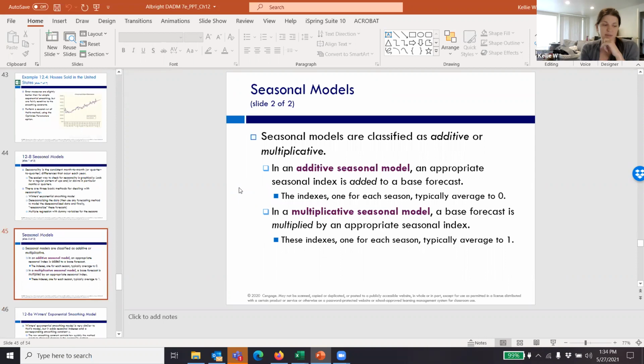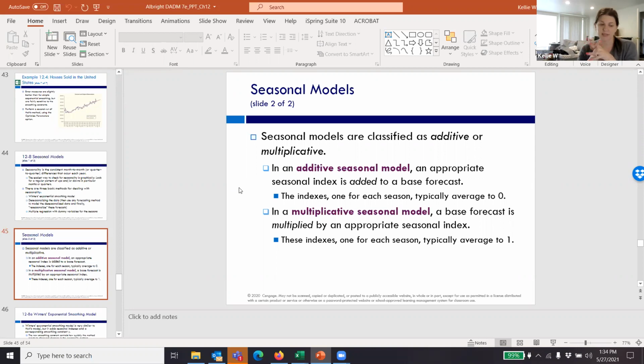An additive seasonal model is where we use a seasonal index and we just add it to the base forecast. So the indexes would typically average to 0. We might plus up in the spring and summer and then plus down in the fall and winter. In multiplicative seasonal models, we multiply the base forecast by some seasonal index.